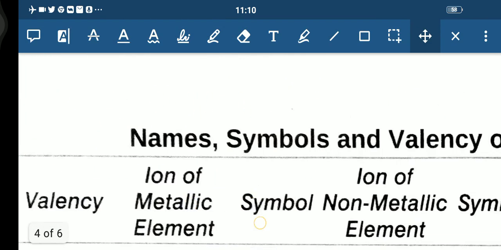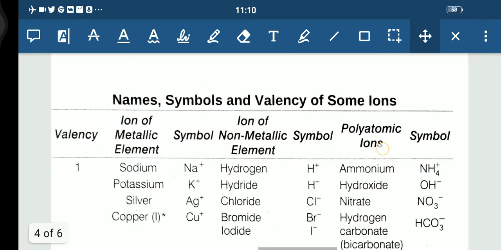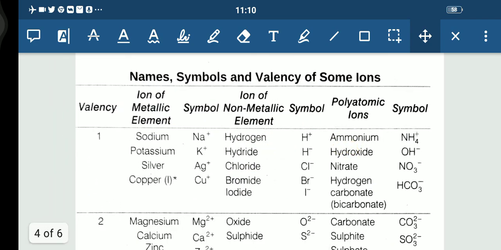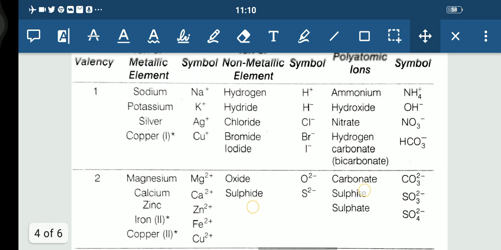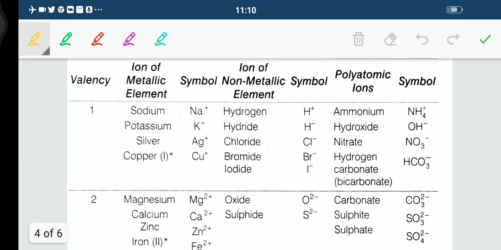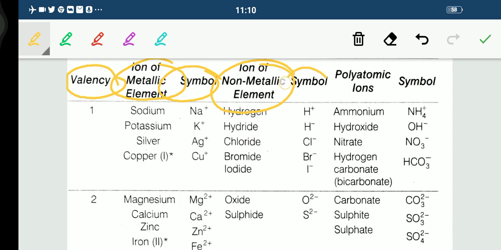Now see here. We have a lot of symbols here, with valency 1, 2 and 3. You all can see here, these are the ions of metallic elements with their symbols having valency 1. Similarly, ions of non-metallic elements with these symbols having valency 1.